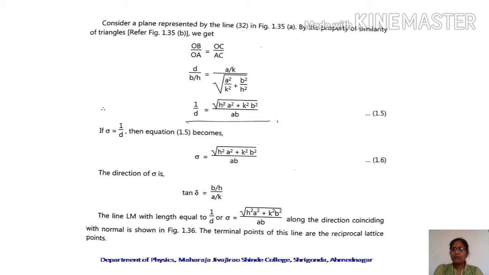Therefore, this 1 upon d value represents sigma, that is the reciprocal lattice vector. It is called the reciprocal lattice vector and its value comes out as square root of h square a square plus k square b square upon ab.